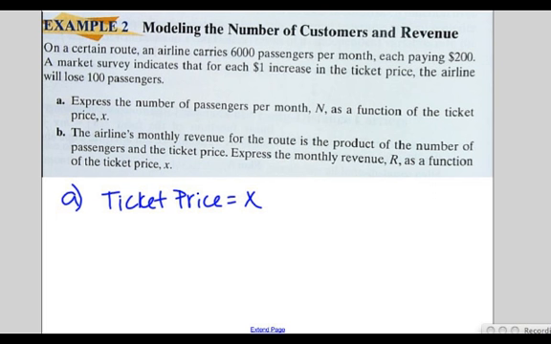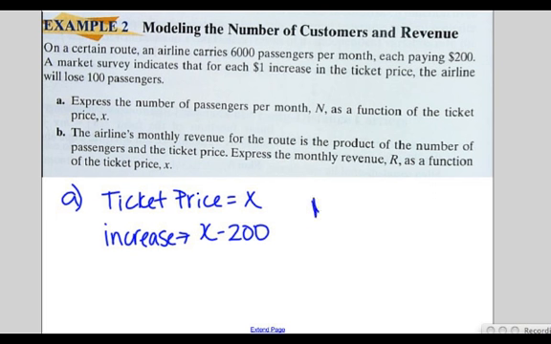Now, if I take my ticket price, X, and I subtract the $200, that's going to be how much I've increased by. For example, if I want my ticket to be $205, 205 minus 200 would give me a $5 increase. Remember, for each of those increases, I'm losing 100 passengers for each dollar of that increase.